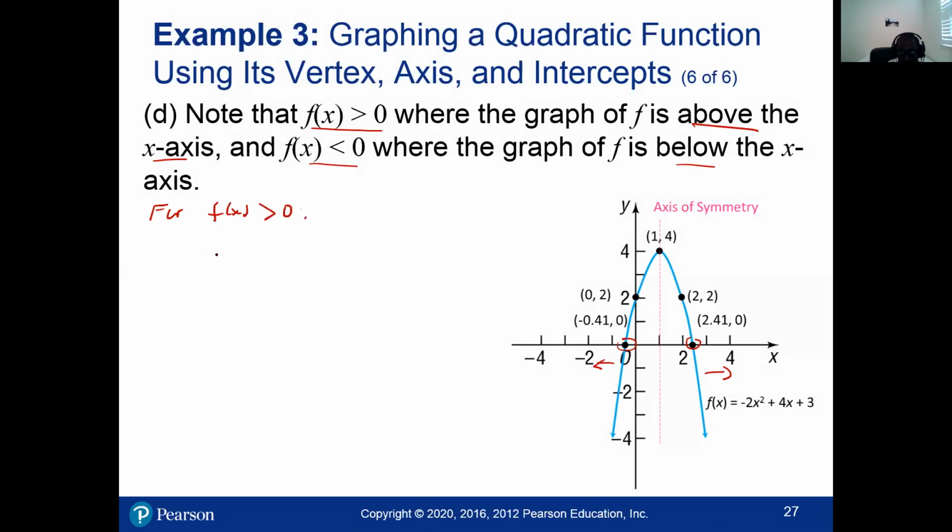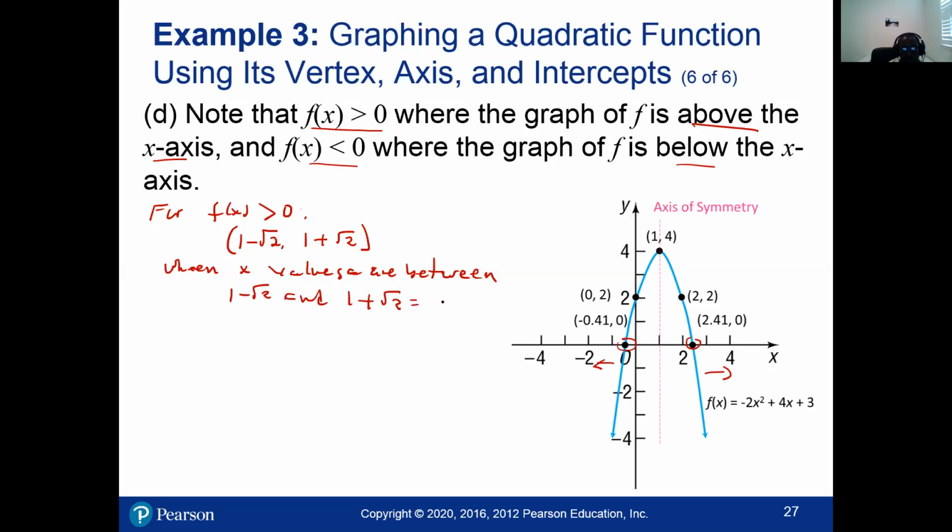It's when x is between 1 minus the square root of 2 and 1 plus the square root of 2. When x values are between these values, it is above. Actually, 1 plus the square root of 2 is approximately 2.41, and 1 minus the square root of 2 is approximately negative 0.41.